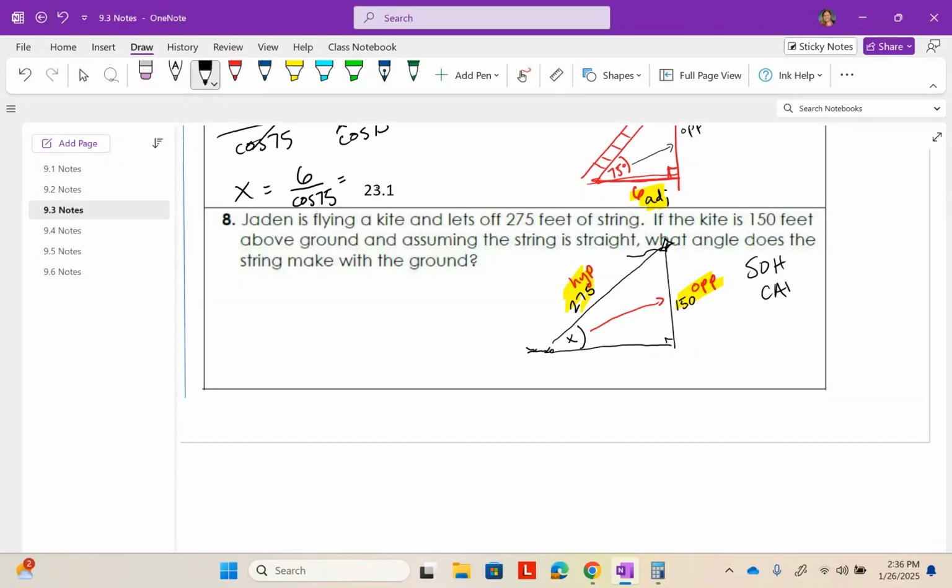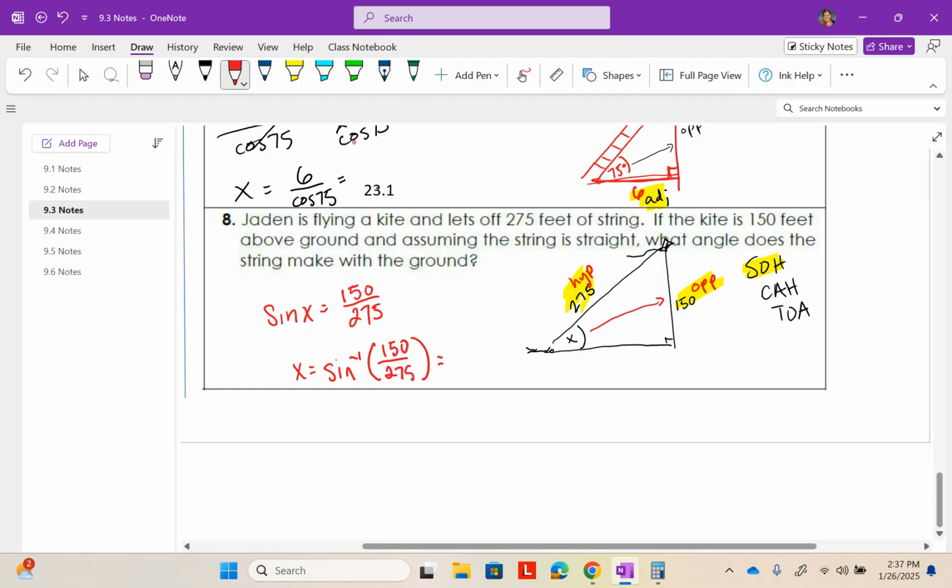SOHCAHTOA. OH is sine. So sine of X equals opposite over hypotenuse. Okay, and X equals inverse sine or arc sine of 150 over 275.